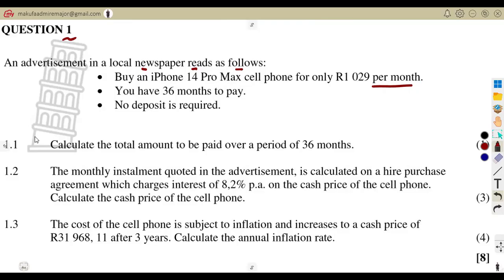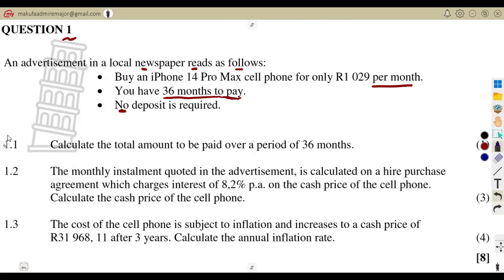Per month, each and every month. You have 36 months to pay. Take note, you have got 36. They told you that. No deposit is required. Then you say, okay, it's a cheap iPhone, because they're saying no deposit is required this time.